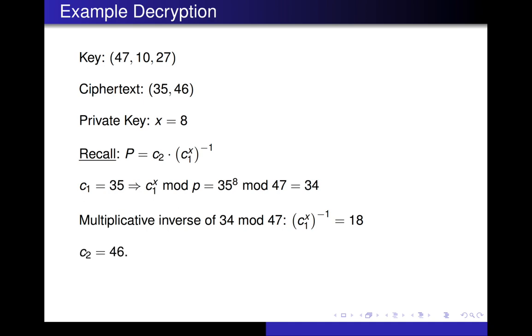So we know what C2 is, that's 46. And now we know the multiplicative inverse of C1 to the x. We multiply those together, mod p, to get our plain text. That is 46 times 18 mod p. I checked this using Wolfram Alpha, and you end up with 29, which was exactly the plain text message we started with.